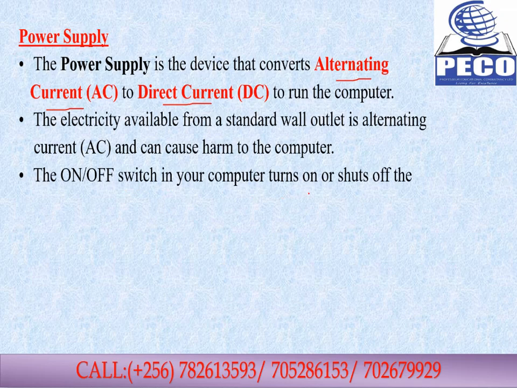In your computer, it turns on or shuts off the electricity to the power supply. When you turn it on, it supplies the current to the power supply, and when you switch it off, it stops supplying.